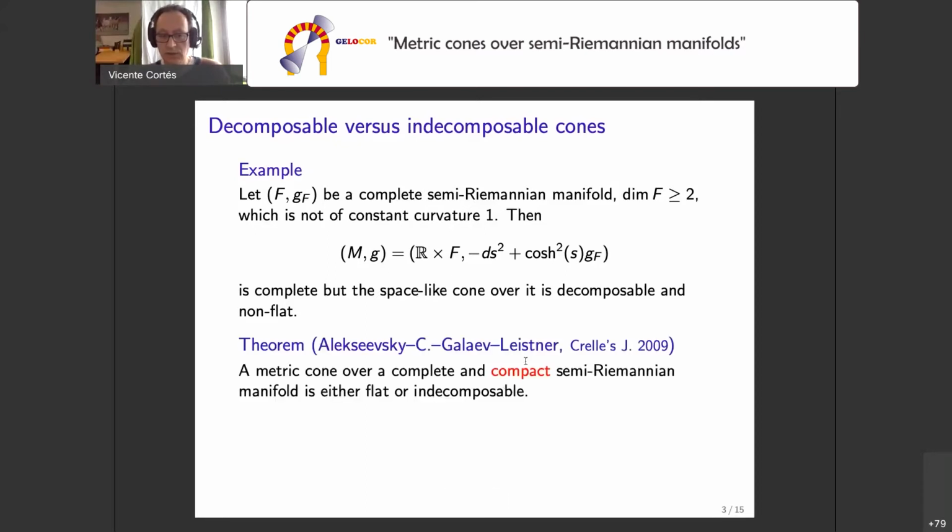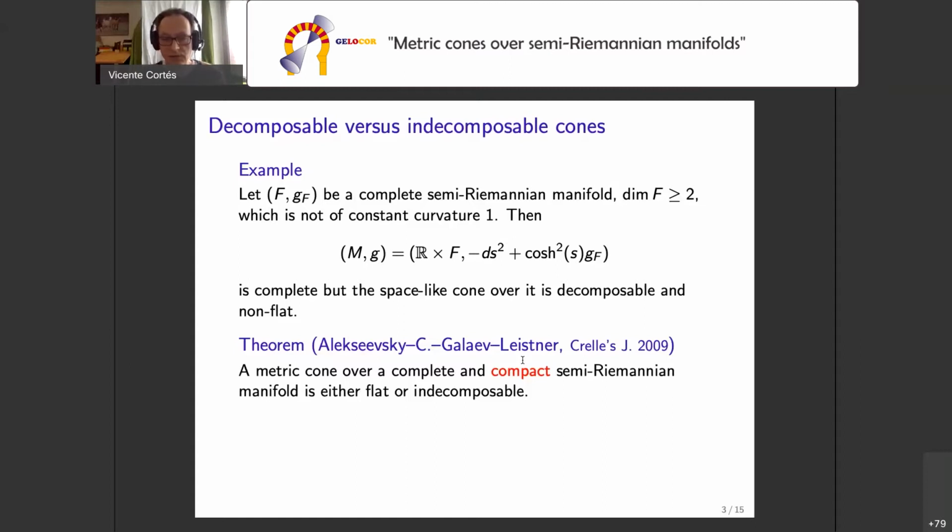So if we add to the statement of the Gallot theorem, now stated in the semi-Riemannian setting, the assumption that the base manifold is not only complete, but also compact, then the same assertion as in the Gallot theorem is still true, and the manifold is either flat or indecomposable.